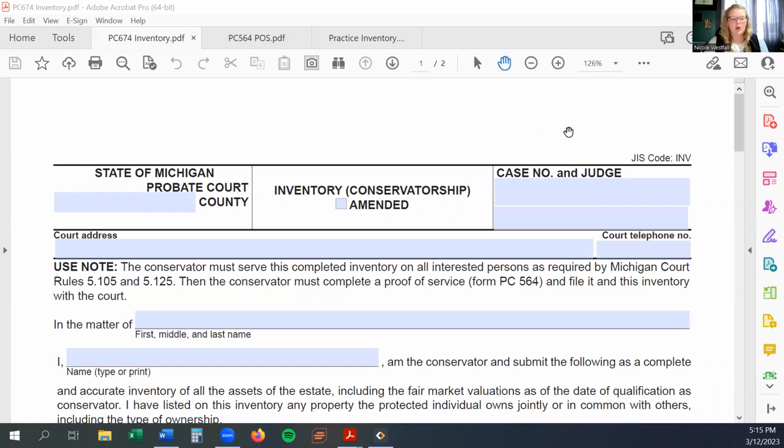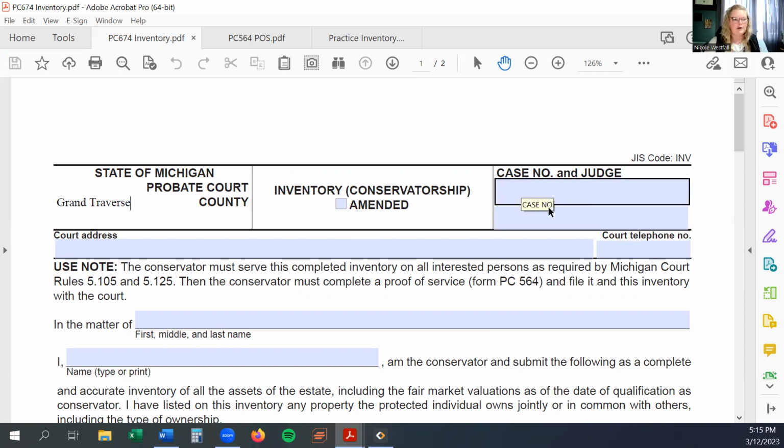Okay. So we have here the inventory for conservatorship, the state of Michigan probate court. Here is where you would put your county. So say, for example, we would do Traverse City, or Grand Traverse, or we would do Leelanau. This is your first filing, so you would not click the amended button.